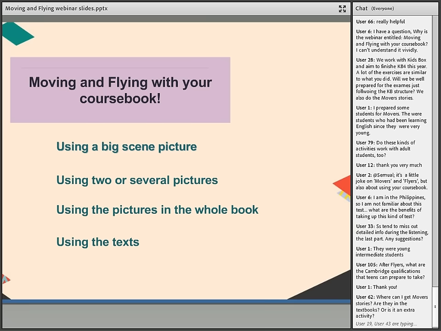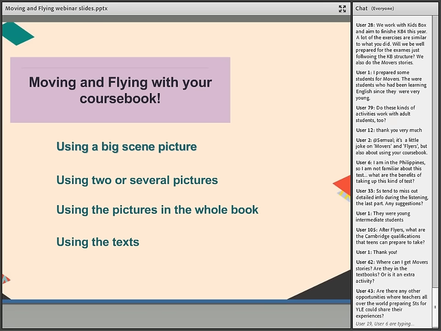So I'm sure they would find suggestions, and there are actual tasks to practice the different parts of the Movers and the Flyers tests at the end of every unit or every 2 units. There does tend to be the material. I'm sure that they would find lots of activities for using them.